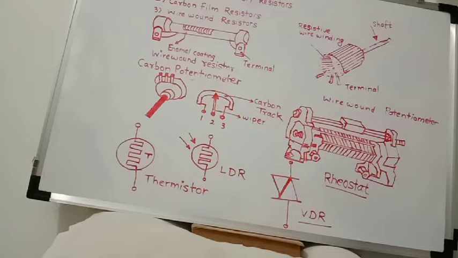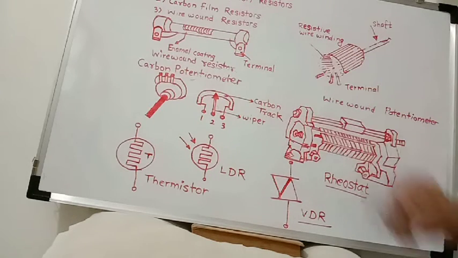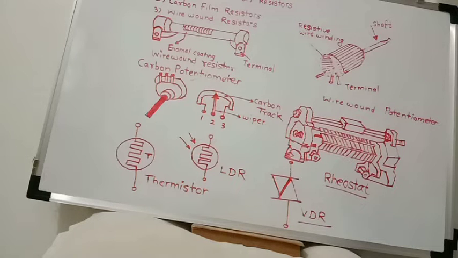These resistors are manufactured by winding a length of special resistive wire like nichrome or manganese around an insulating core of ceramic.